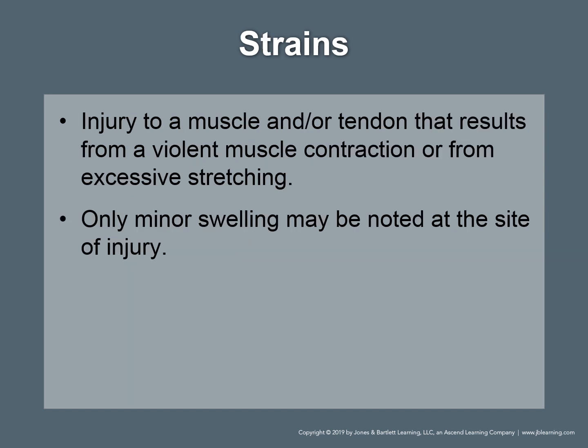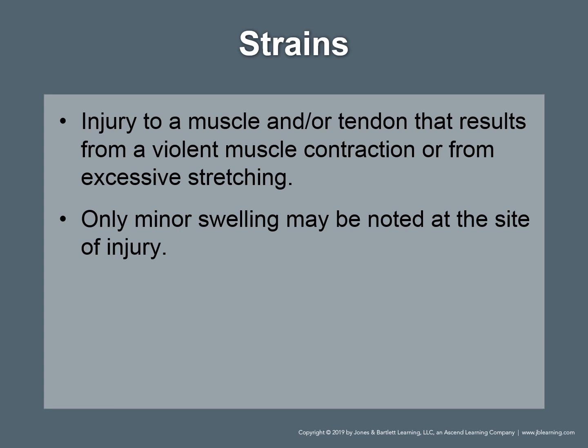And then you have strains, and strains are injury to a muscle or a tendon. And you remember tendons connect muscle to bone, and that's where you overstretch, and those muscle fibers basically become torn or just stretched out too far, and swelling, bruising, pain.